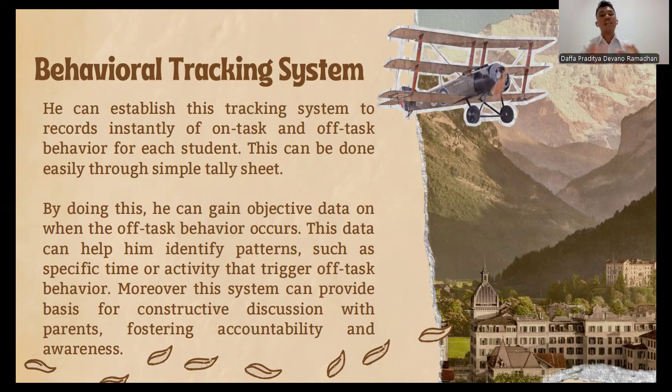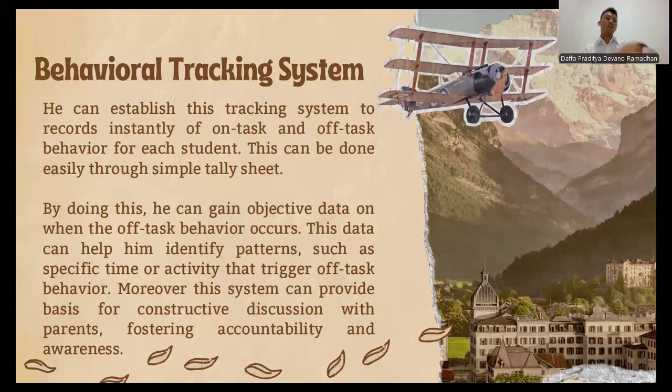By doing this, he can gain objective data on when the off-task behavior occurs. This data can help him identify patterns, such as specific times or activities that trigger off-task behavior. Moreover, this system can also provide a basis for constructive discussions with parents, fostering accountability and awareness.